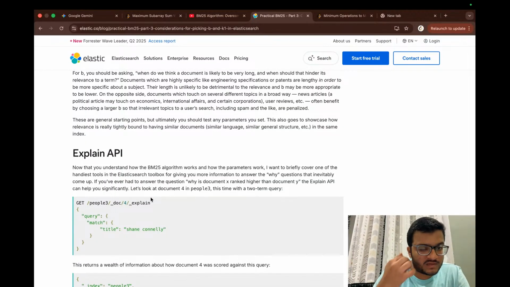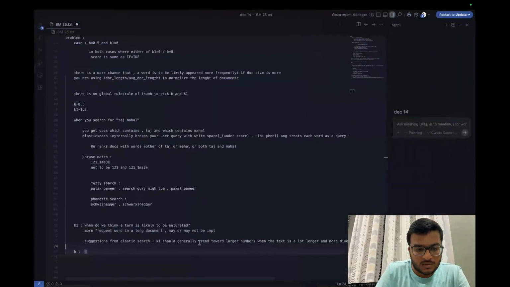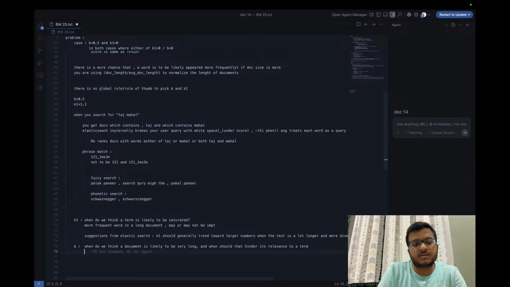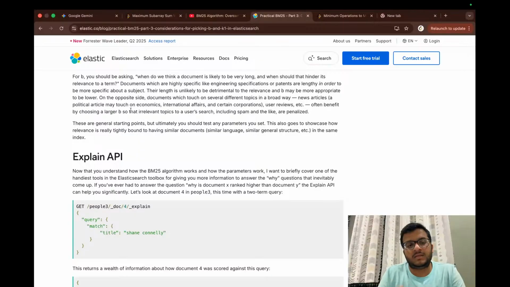So for B, we should ask, when do we think a document is likely to be very long, and when should that hinder its relevance to a term? These things don't enter my brain in one read, so it will start making sense when you read it more times.